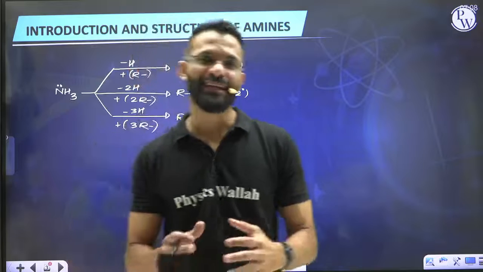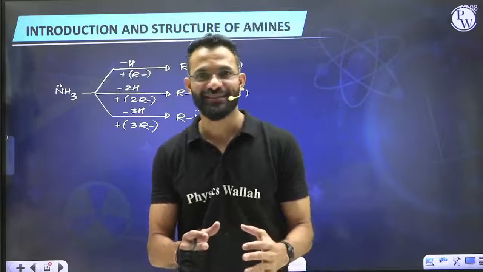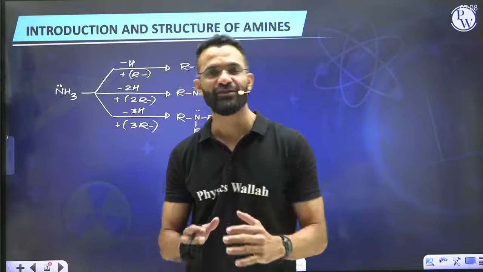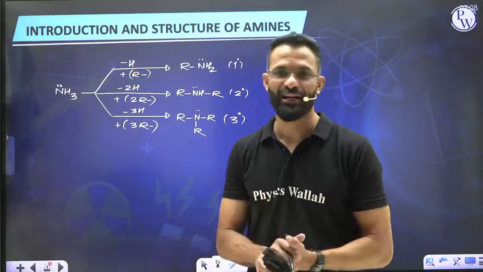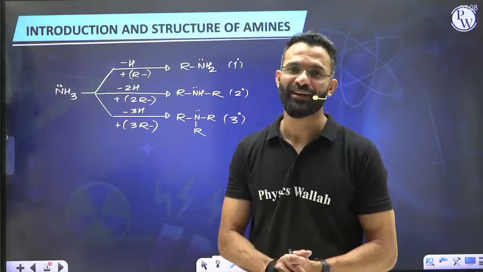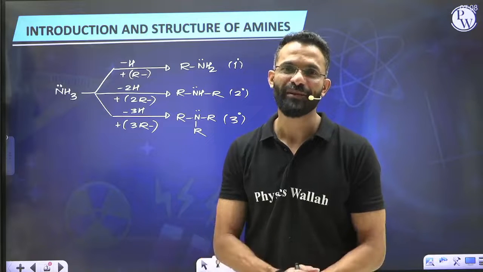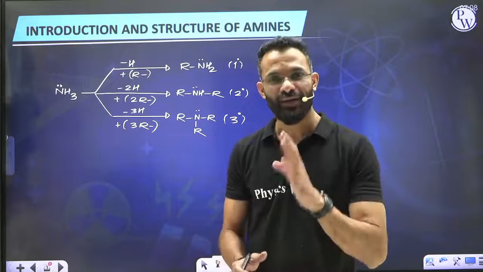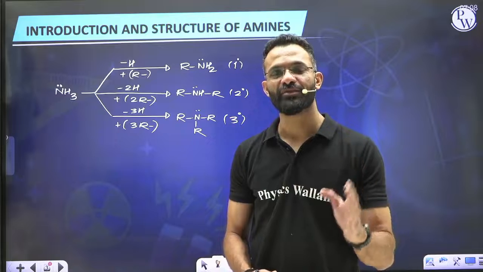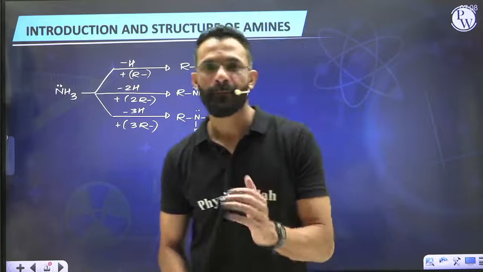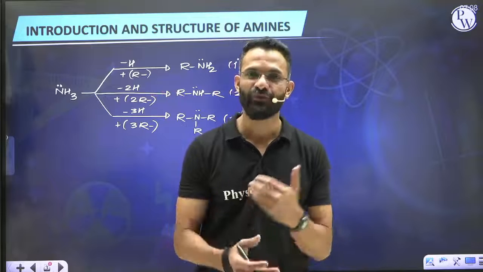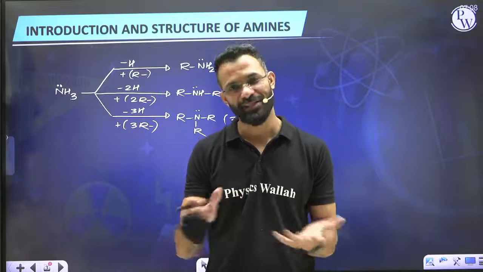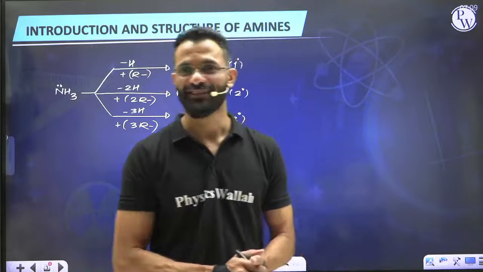That clearly indicates that all amines are alkyl derivatives of ammonia obtained by replacing one or more hydrogen atoms with the equivalent number of alkyl groups. And that's how we define amines. So amines are nitrogen containing organic compounds which are derivatives of ammonia obtained by replacing one or more hydrogen atoms with the equivalent number of alkyl groups, which could be the same or different.